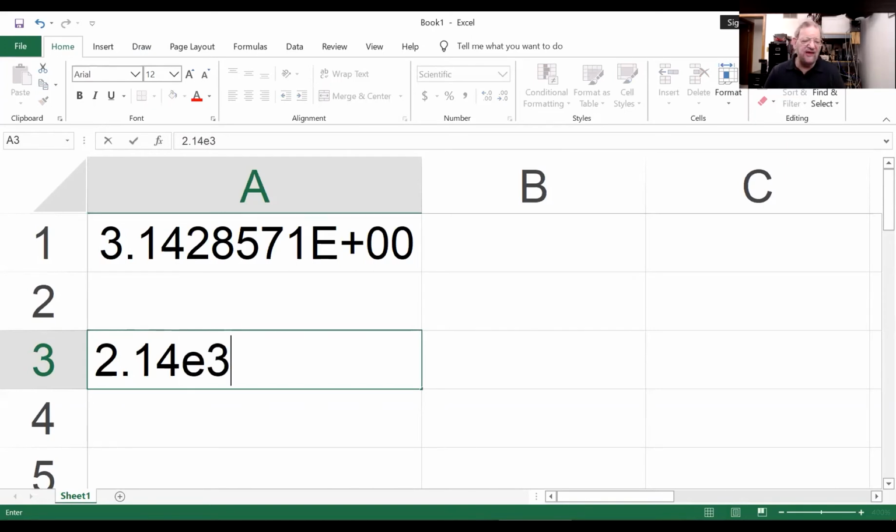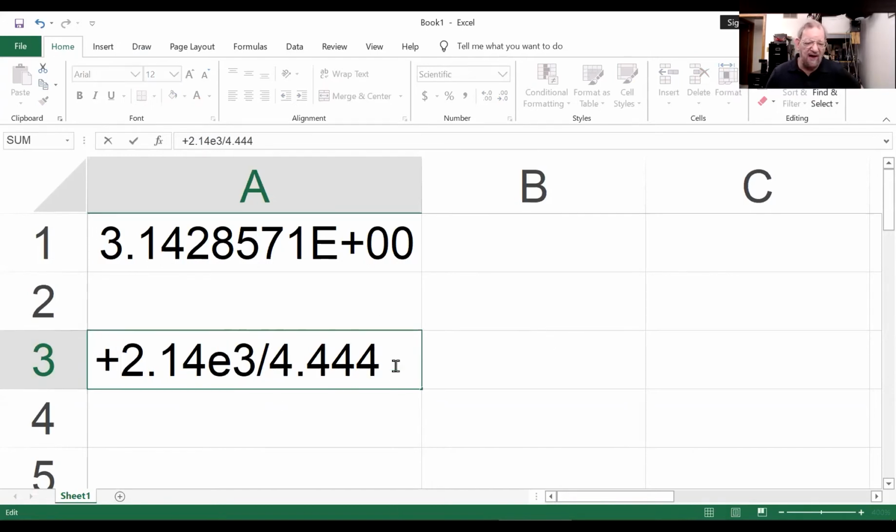Now, the E in a spreadsheet means 10 to the power, so this is 2.41 times 10 to the third, divided by 4.444.